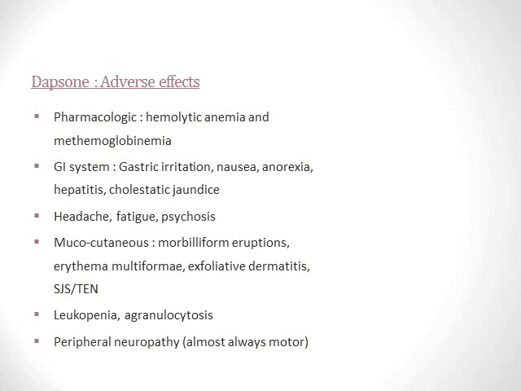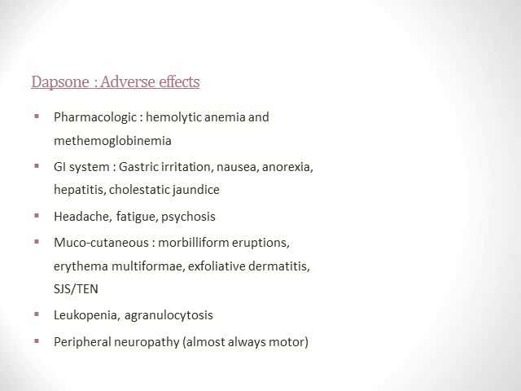You must be knowing this. It can cause hemolytic anemia and methemoglobinemia, and common side effects such as gastric irritation, nausea, anorexia. Hepatitis will be there, but the most serious ones are hepatitis and cholestatic jaundice. Headache, fatigue, and psychosis are known to occur, and sometimes the reaction will be more severe in the form of morbilliform eruptions, EMF, that is erythema multiforme, even SJS and TEN can happen with Dapsone.